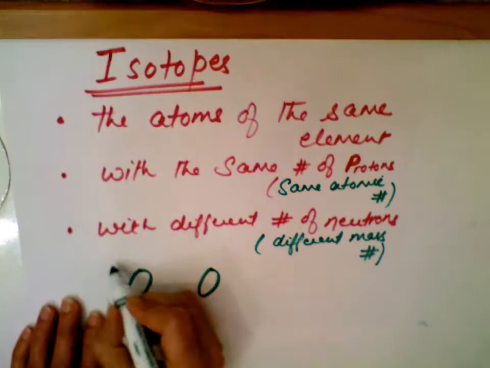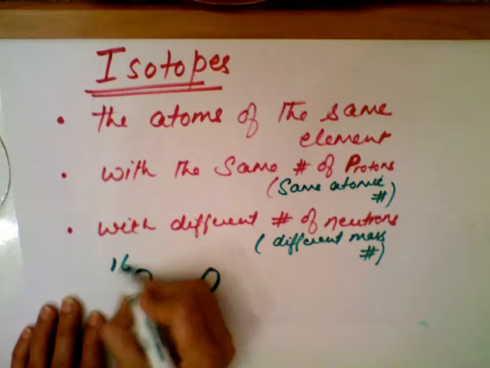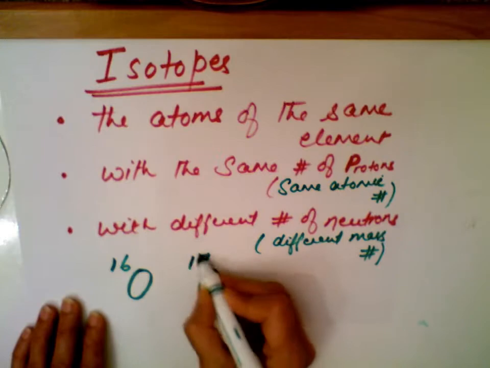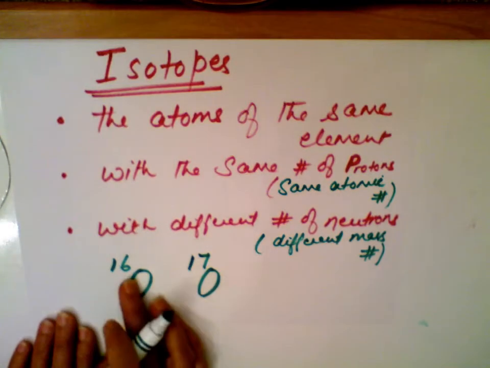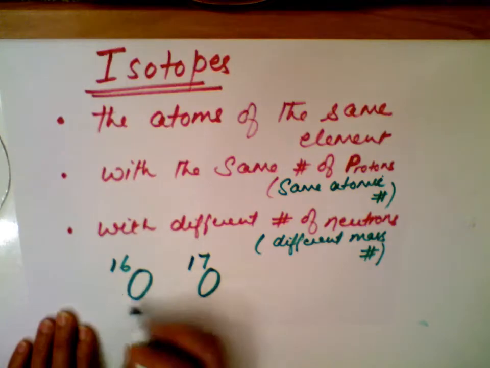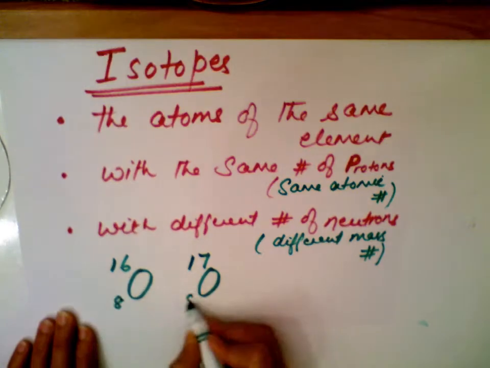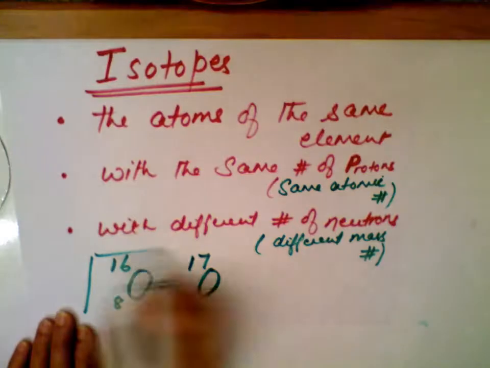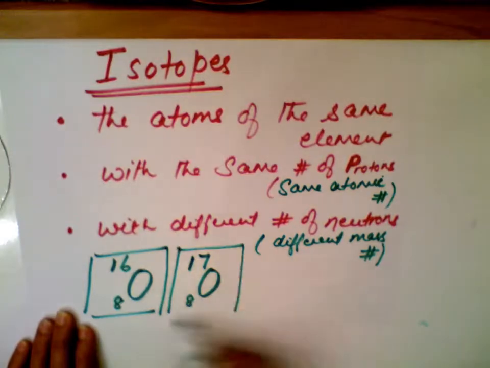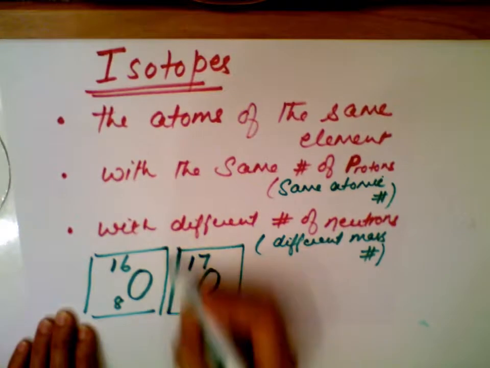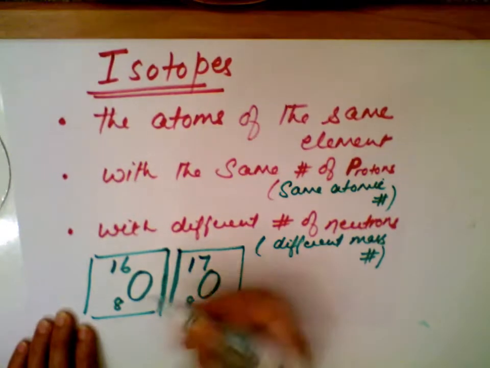Isotopes of oxygen: oxygen 16, oxygen 17. On the periodic table, you're going to see only oxygen 16, and the atomic number is 8. The atomic number remains the same. So this is the way you represent them, and let's check if it makes sense.